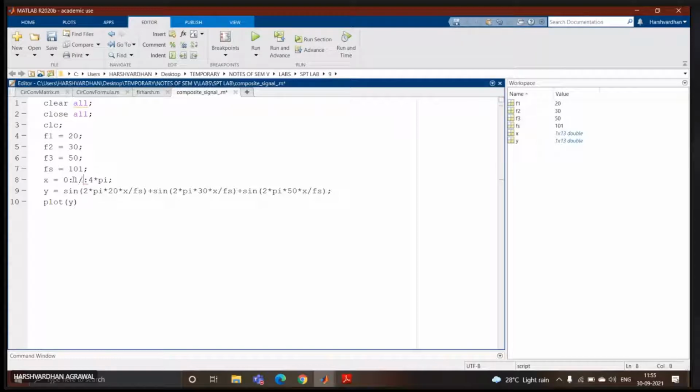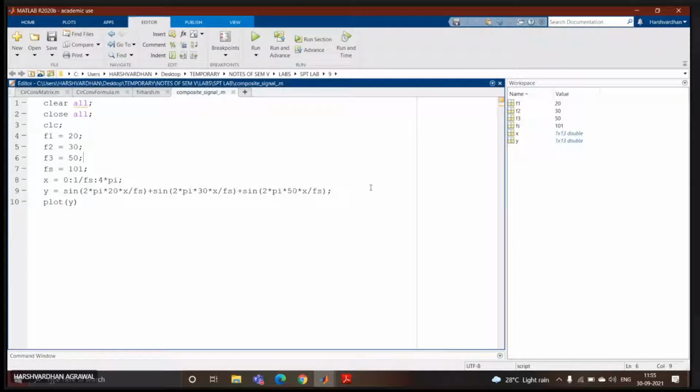It is not f/fs. Okay, in the first program, if you have seen, the increment should be this one. Yes, 0 to 1/fs to, and you can extend up to any time duration, say 5 seconds, 10 seconds, whatever it is.